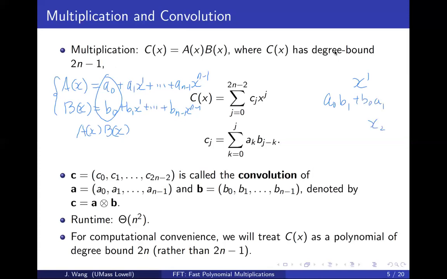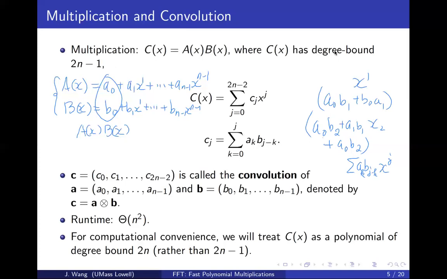For x squared, you can get a0 b2 plus a1 b1 plus a2 b0. Basically, for each j, the coefficient is the summation of a_k times b_(j minus k).